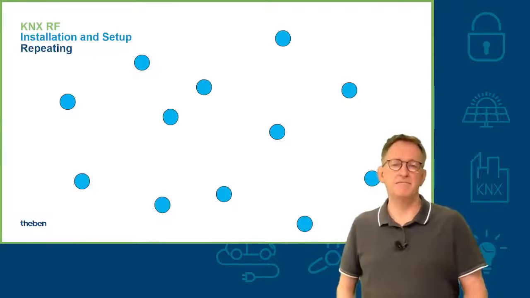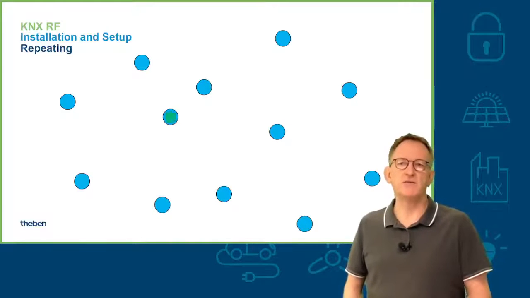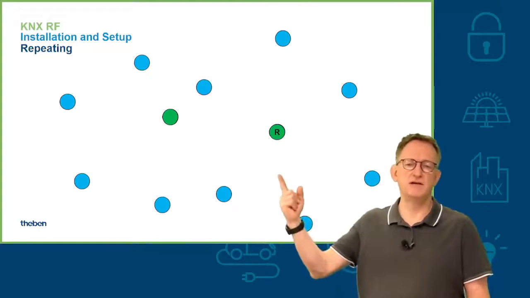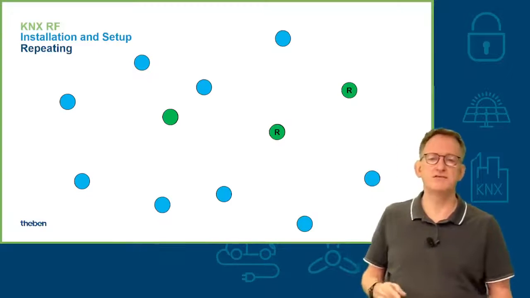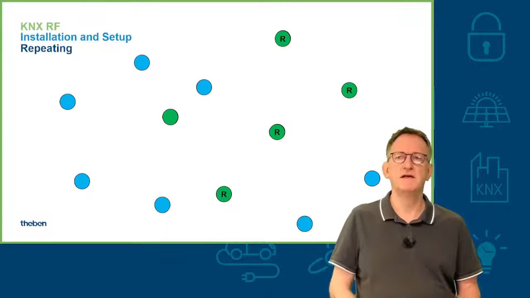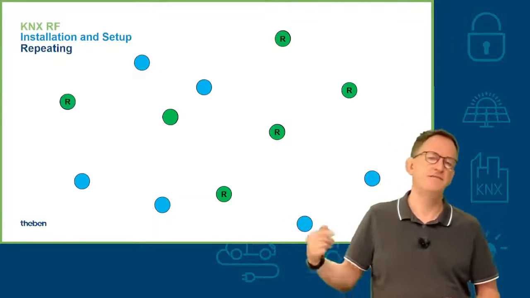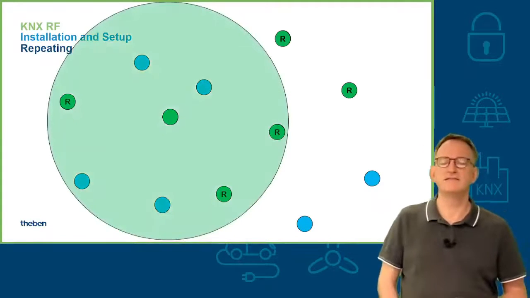And now, for example, you do not know which devices should act as a repeater. So you decide, okay, I have again here the media coupler, then this is a repeater, and then probably also this one I will configure as a repeater, and also the one at the top is a repeater, and so on. So I have now set several devices to be repeaters, and we have the same game.